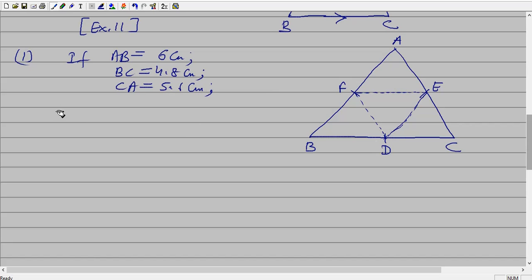So find the perimeter. The very first part is the trapezium FBCE. Always rotate your eyes on that particular point, FBCE, that is a trapezium.